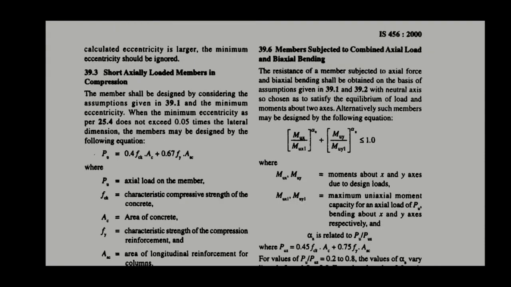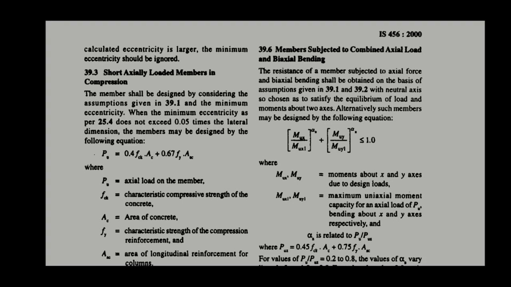So as per clause number 39.3, the formula is Pu equals 0.4 fck into Ac plus 0.67 fy into Asc. Pu is axial load on the member. fck is characteristic compressive strength of the concrete.